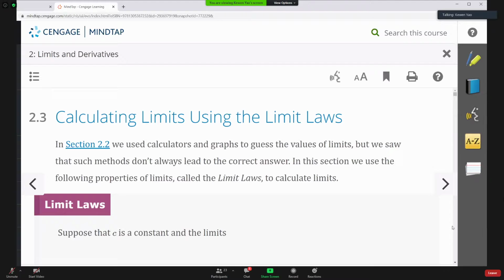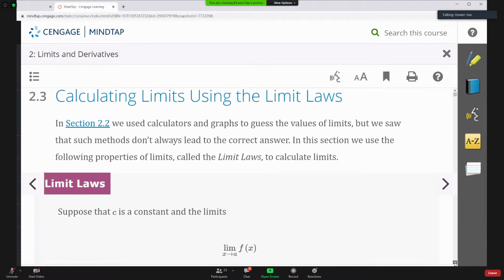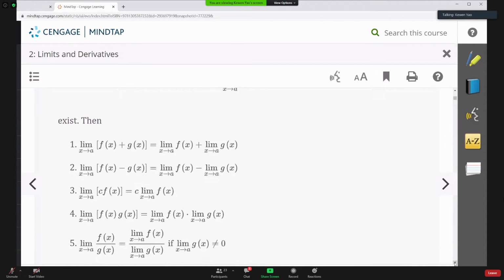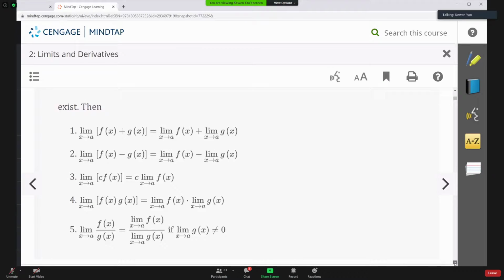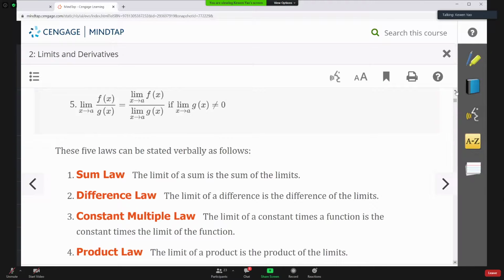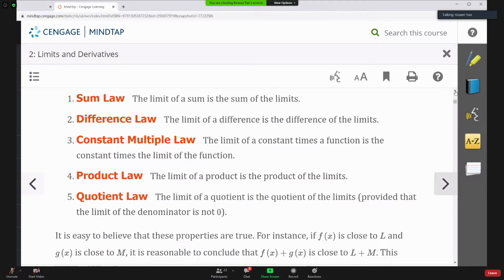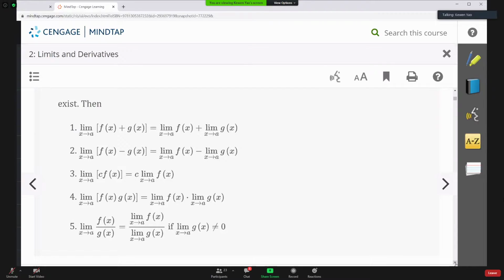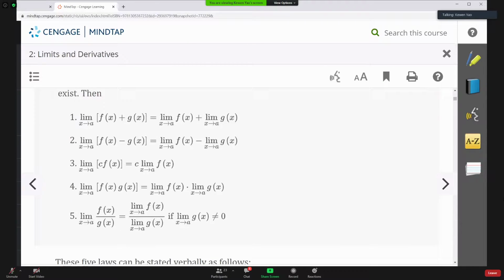So how many limit laws do we have? There are a bunch of limit laws, but they are very commonsensical, okay? Now let's take a look at these. We have 5 laws, actually.